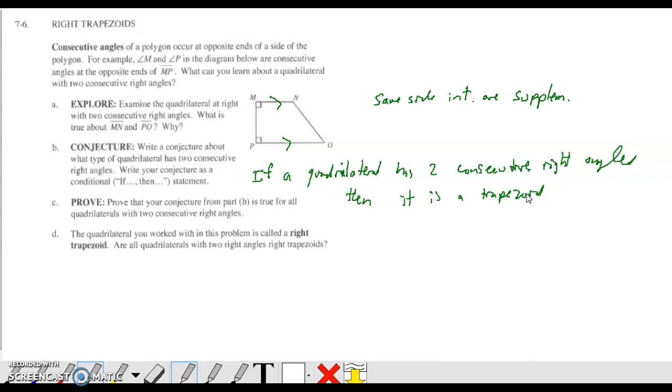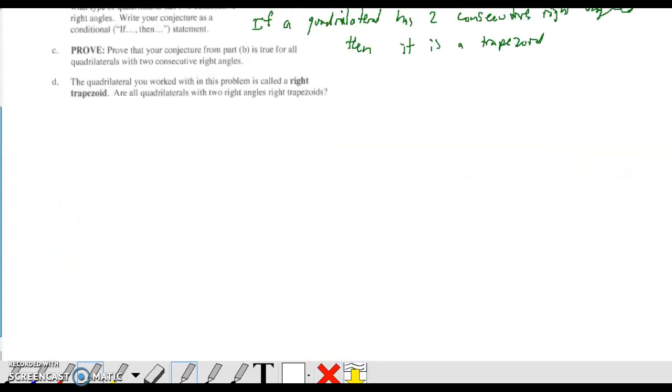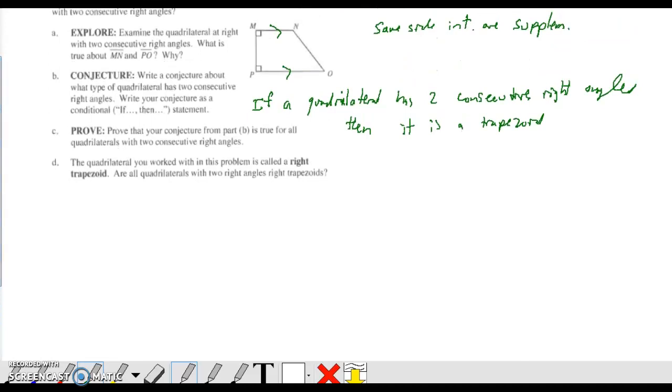So let's go ahead and prove that this is a trapezoid. So how am I going to start this? I could start by saying this is a quadrilateral, but I don't need to. I'm going to say that the measurement of angle M, because it's only one letter, is 90 degrees. That one is given.